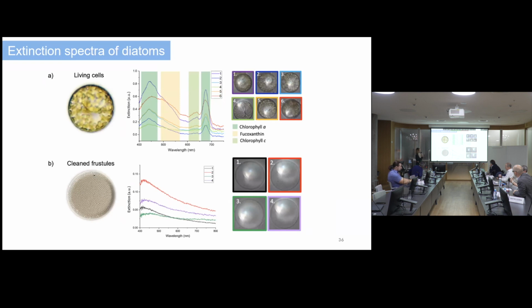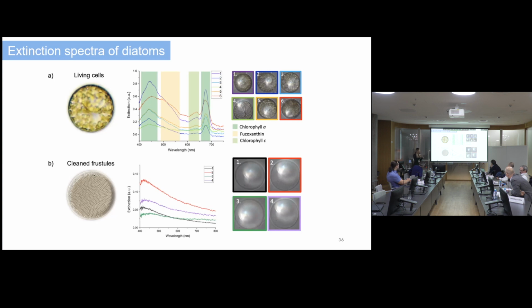Well, that's a very good question, because in the first case, of course, we have this organic material. We have numerous chloroplast grains that of course absorb light well, but I'm sure that they also scatter light well. In the second case, on the other hand, we have this porous silica structure, which I'm sure cannot absorb light well but scatters.